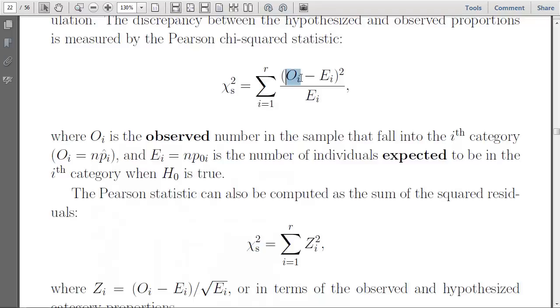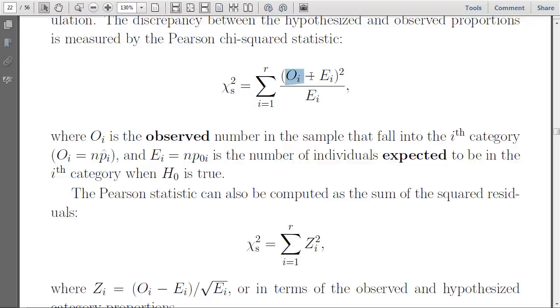So we have observed frequencies, and we have expected frequencies, and I'll show you how to calculate that in a second. If what we observe is similar to what we expect, then this numerator is going to be small. We divide that by the expected value, and if we add that up over all the R categories, we've got a bunch of small numbers added together, and our chi-square statistic will be small.